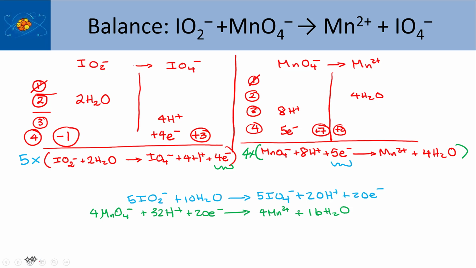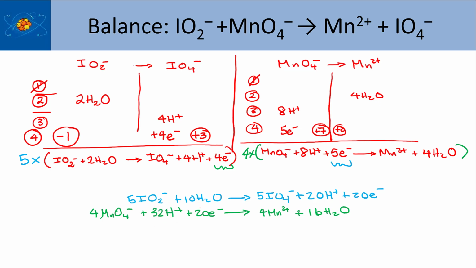And now I get ready to add these two things together. Before I add them, I'm going to cancel out things that are redundant. So you'll notice, for example, there's 20 hydrogens over here and 32 hydrogens over here.